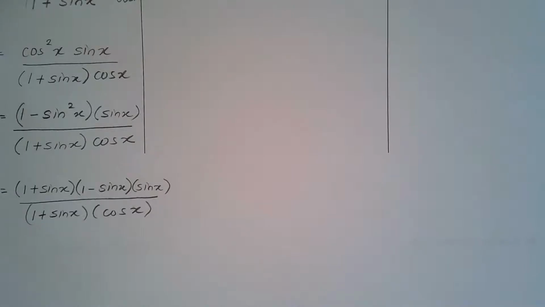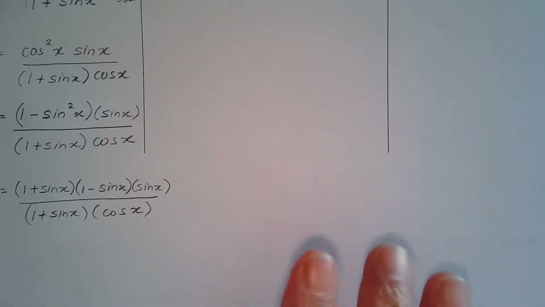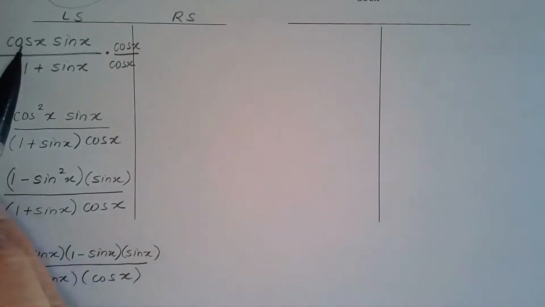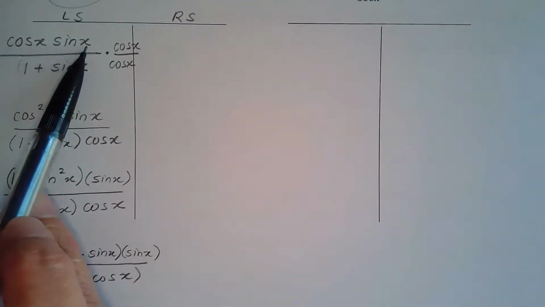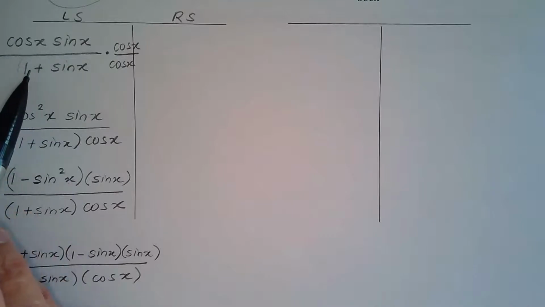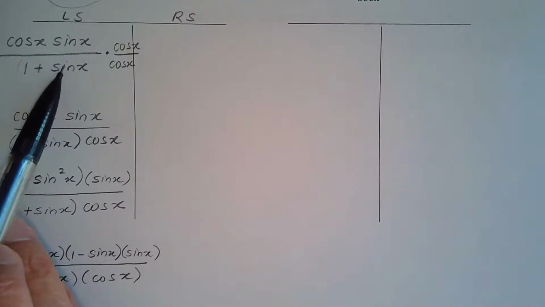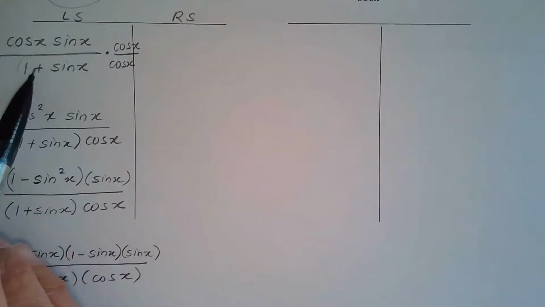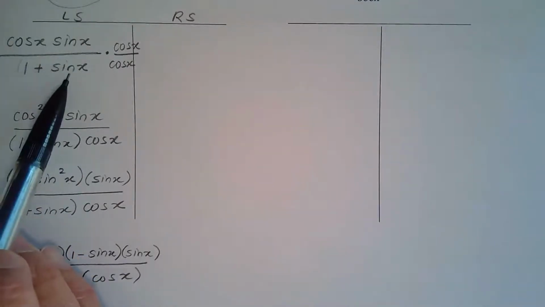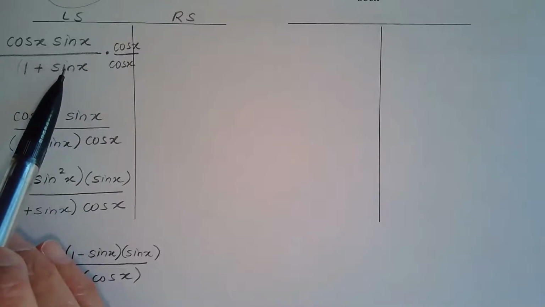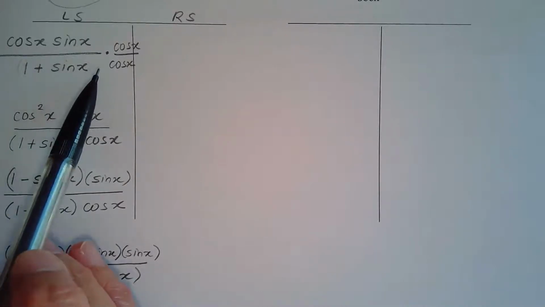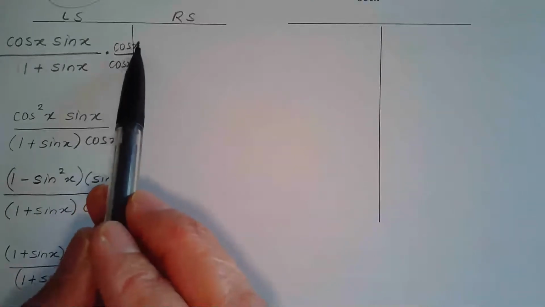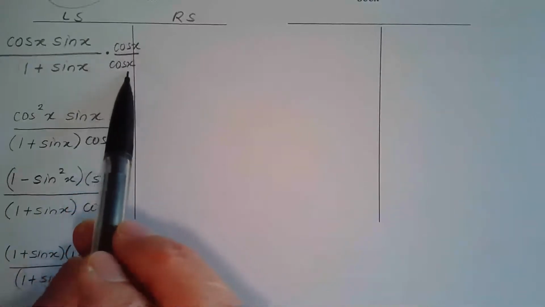So let's see if we can follow. We started off with cos of x times sine of x divided by 1 plus sine of x. Nothing cancels in here. These two can't cancel because this is a 1 plus sine of x. So the way I was thinking is, I could multiply this by cos of x over cos of x.